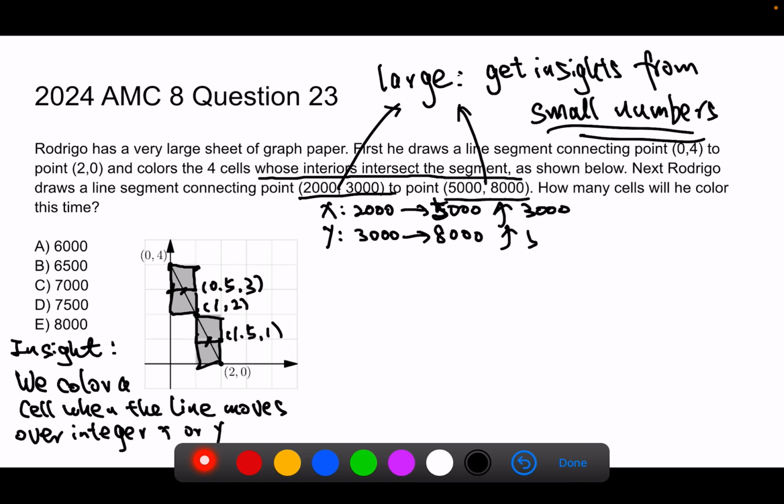You need to increase this by 5,000. All right, still very big numbers. Do we have some other small number that can help us get insights, but also related to increasing x by 3,000 and y by 5,000?